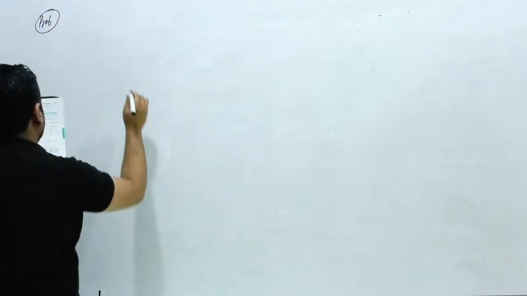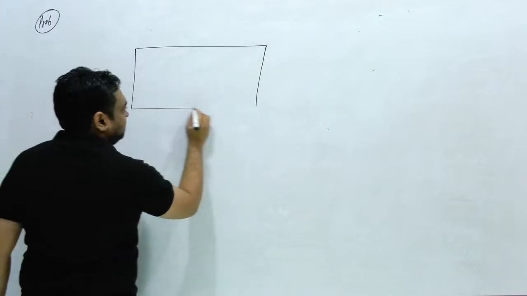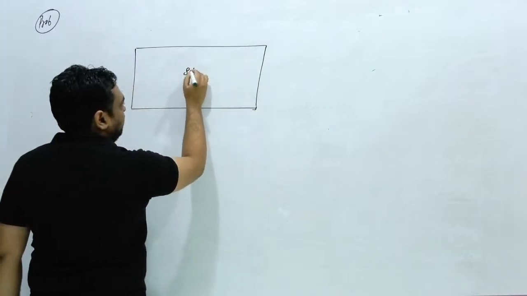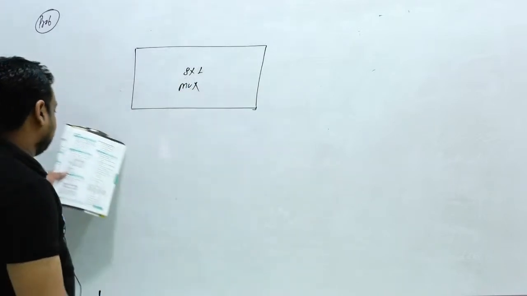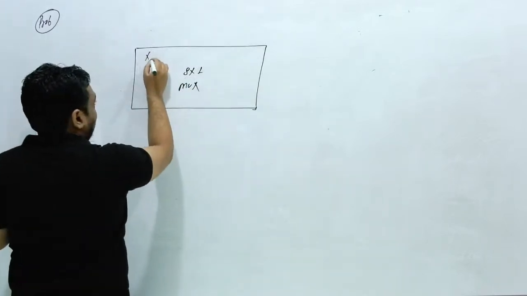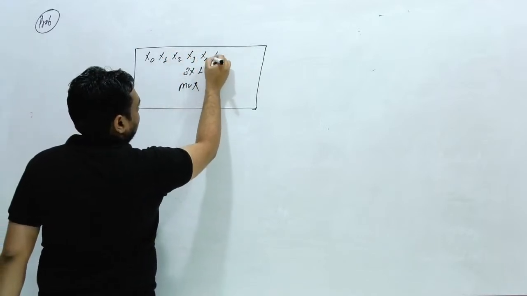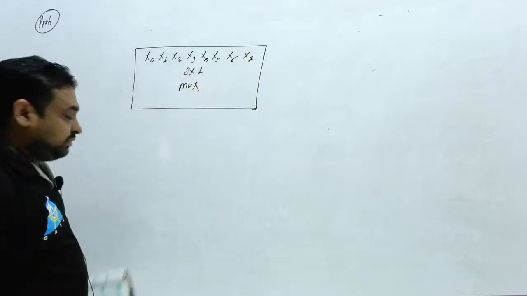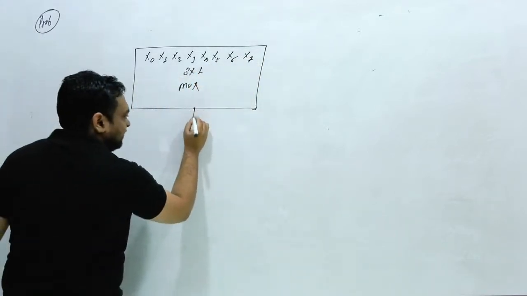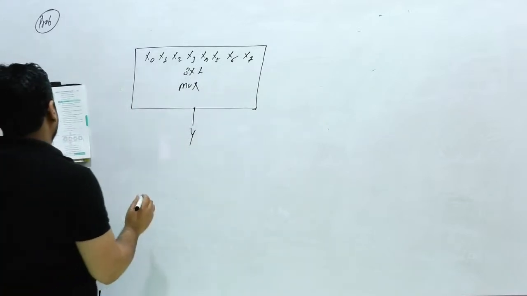Next problem. One multiplexer is given. Okay, this is an 8 cross 1 mux. Here the total inputs are x0, x1, x2, x3, x4, x5, x6 and x7. Total 8 inputs, and a multiplexer has only one output, which they have provided as y.